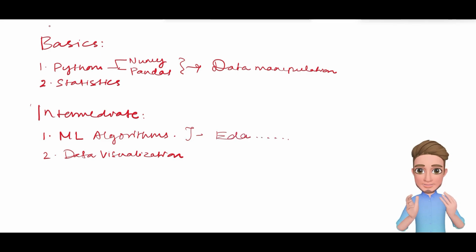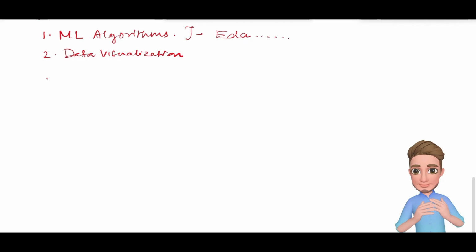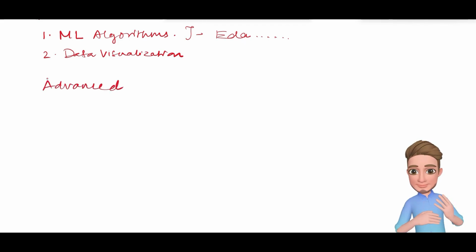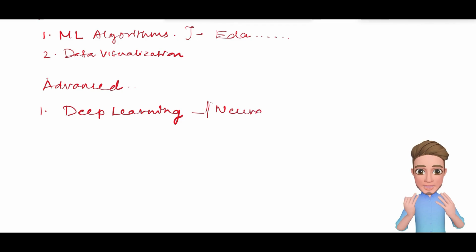We'll try to explore each and everything that is there in machine learning and the advanced concepts. We'll try to explore deep learning, and within deep learning we have something called neural networks.